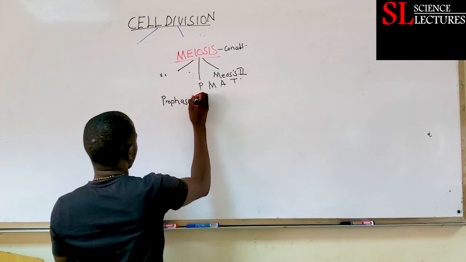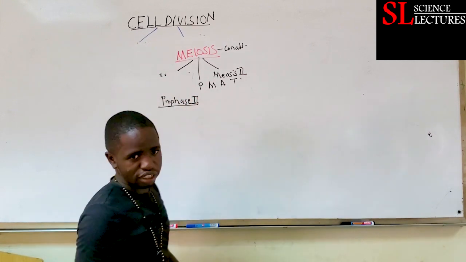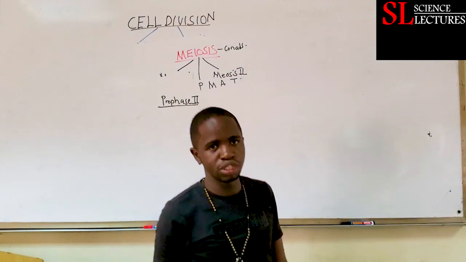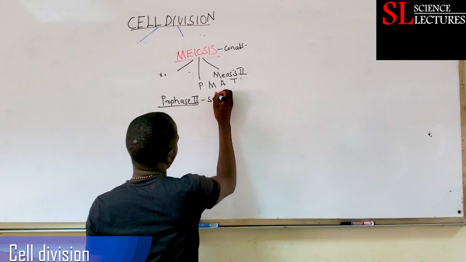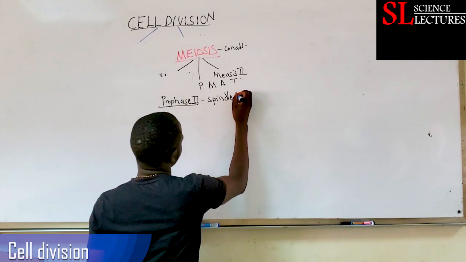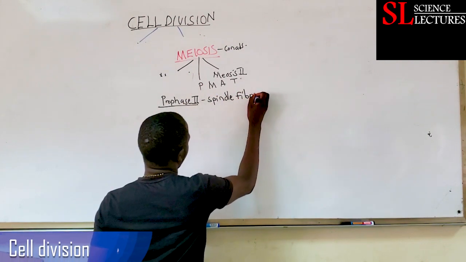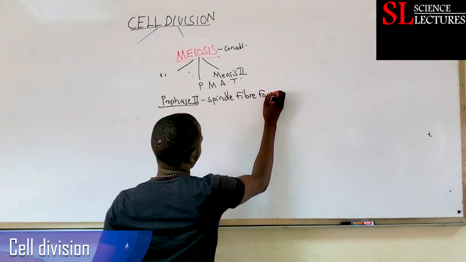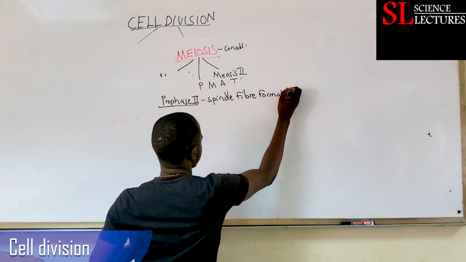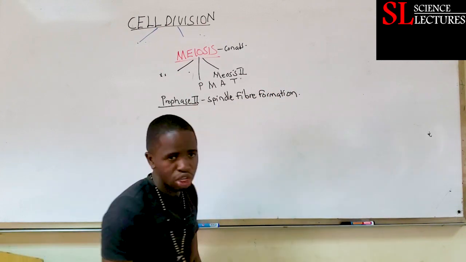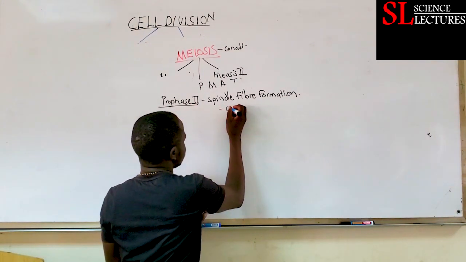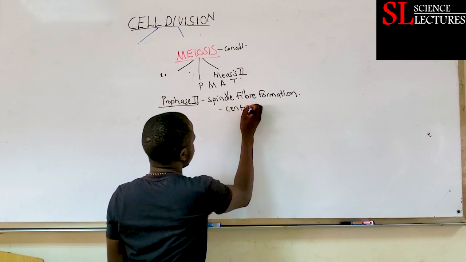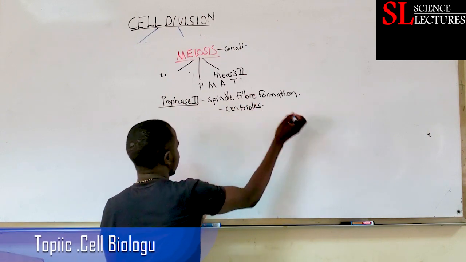So in most of the cases, the nuclear membrane does not reappear. We shall only have things like spindle fiber formation, which is aided by the moving of centrioles to opposite ends of the cell.